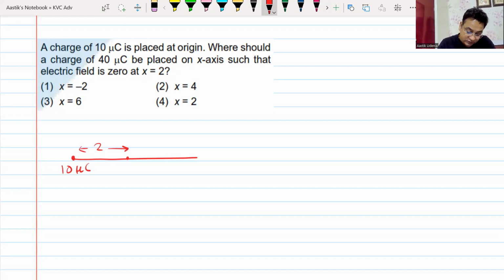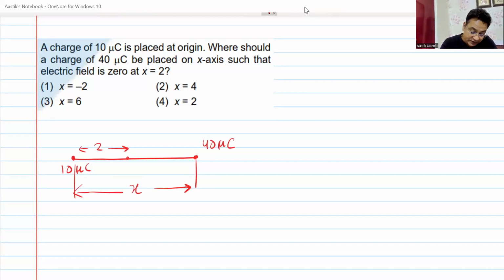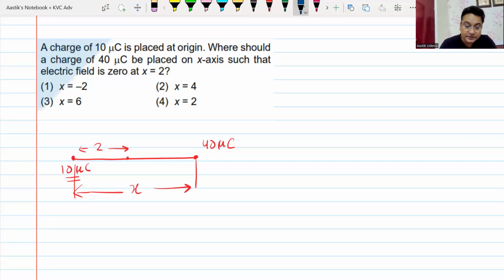Electric field has to be 0. Let me put a charge of 40 microcoulomb here at a distance of x from the origin. You have to find out this value of x. Electric field has to be 0. Electric field created by this 10 microcoulomb charge will be k into 10 divided by 2 square.